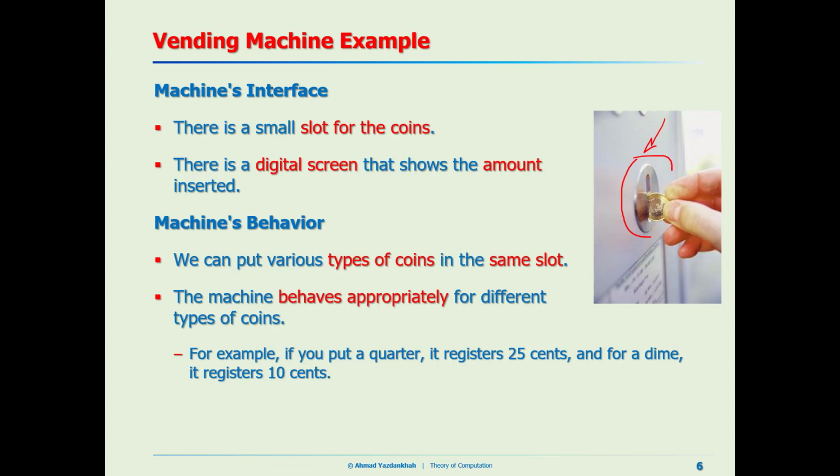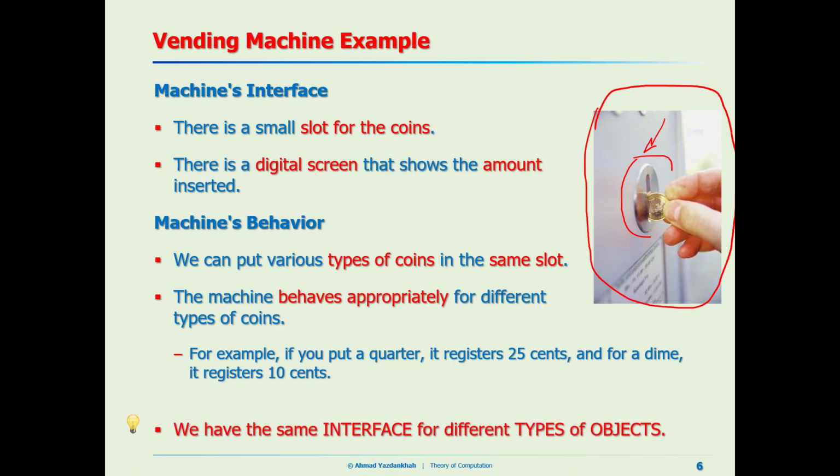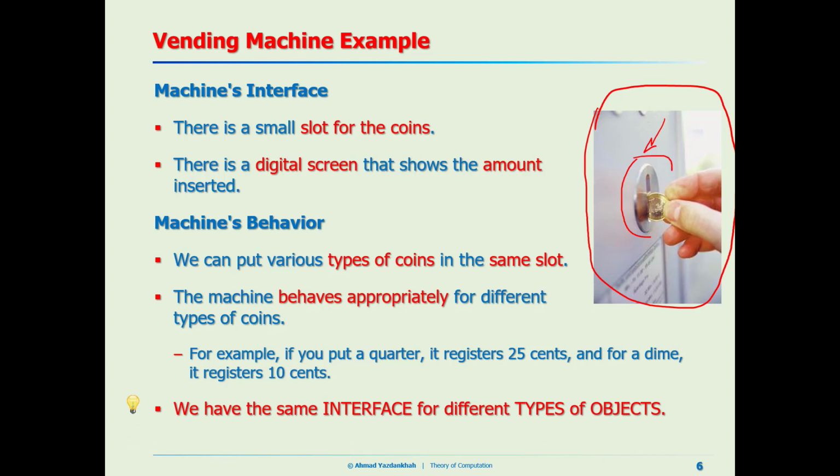We have the same interface, right? This is actually the interface of the machine. We have the same interface, but we can put different coins, or let's say we can insert different objects, and the machine behaves appropriately based on the type of the coin.